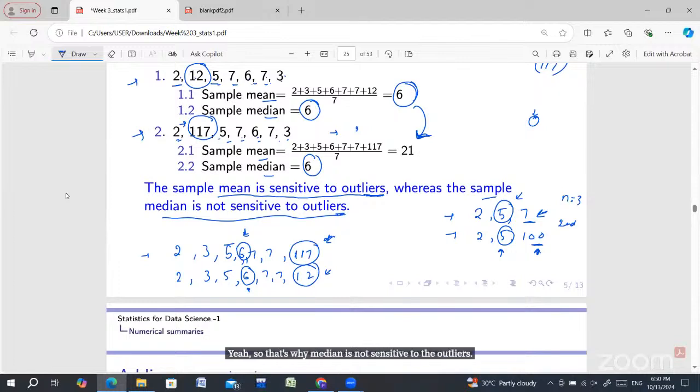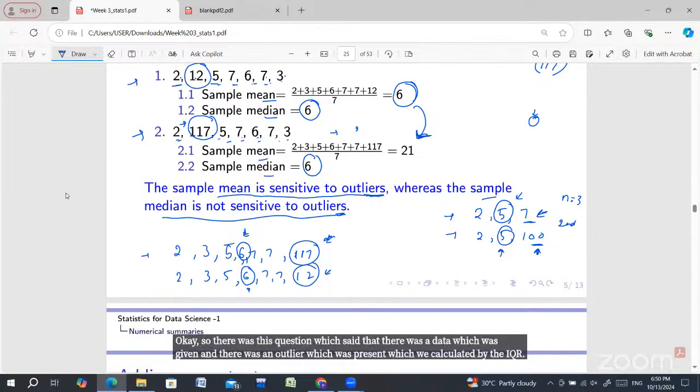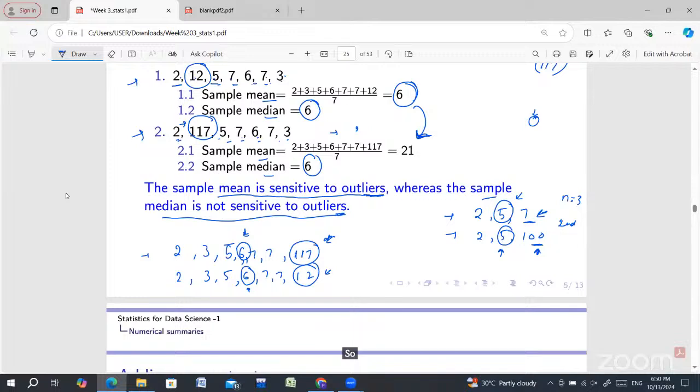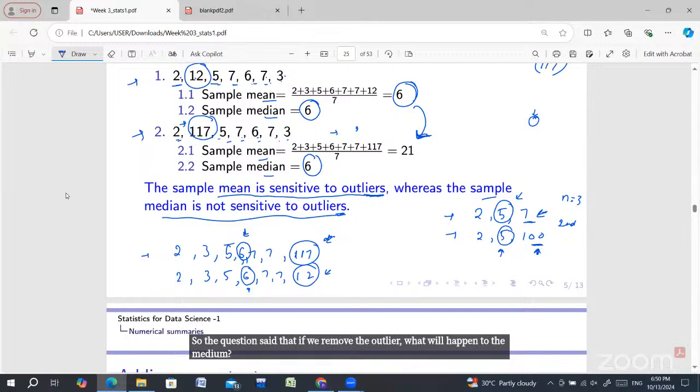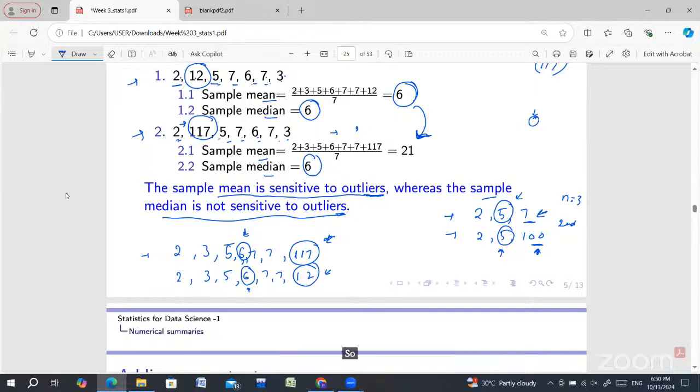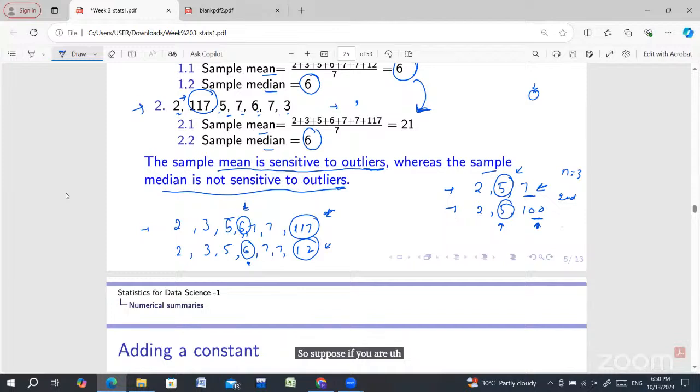There was a question where data was given, and an outlier was present, which we calculate by the IQR. The question said that if we remove the outlier, what will happen to the median? So suppose you are removing the outliers.